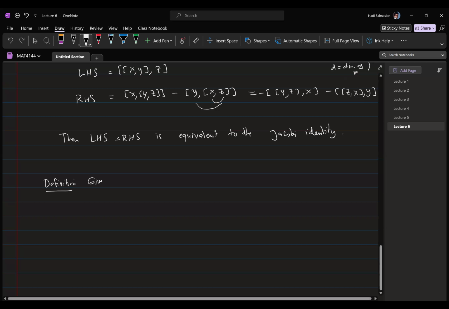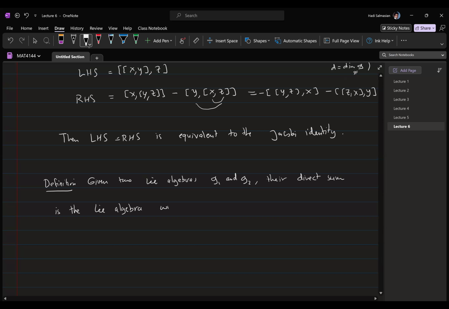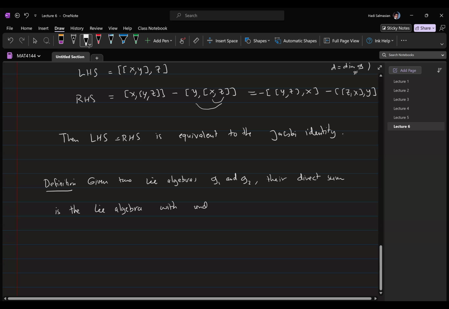Given two Lie algebras G1 and G2, their direct sum is the Lie algebra with underlying vector space G1 direct sum G2.